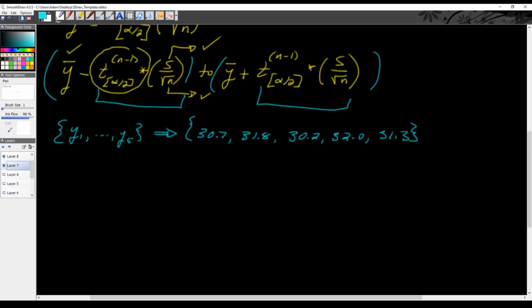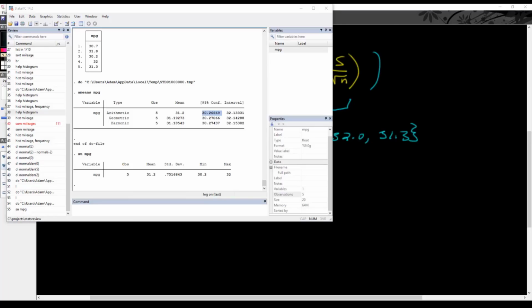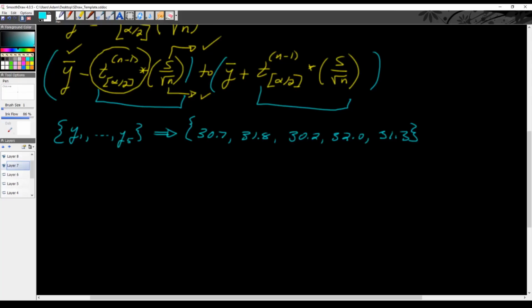So the only thing that we need is the critical t-value. So first, we need to get the critical t-value. And we're just going to do this by hand very quickly. We won't do a lot of this stuff by hand because it just takes too long. But we've got this t-table.